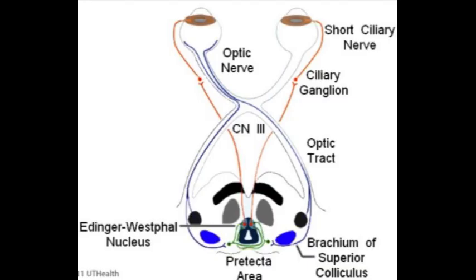From the Edinger-Westphal nucleus, we then have the efferent preganglionic parasympathetic fibers that travel through the oculomotor nerve on each side to the ciliary ganglia, which then innervate the iris sphincter muscle, causing constriction, and also innervate the ciliary muscles.